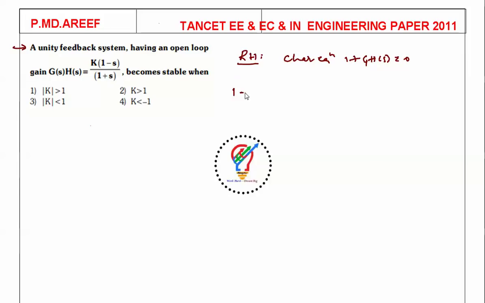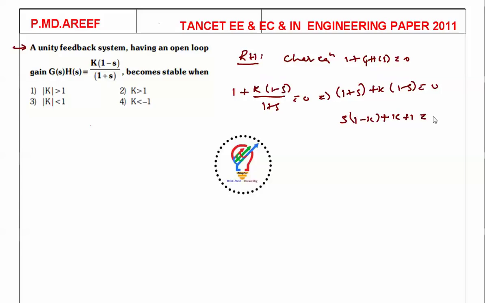So 1 plus K into (1 minus s) divided by (1 plus s) is equal to 0. That implies 1 plus s plus K into (1 minus s) is equal to 0. Simplifying, we can write s into (1 minus K) plus (K plus 1) is equal to 0.